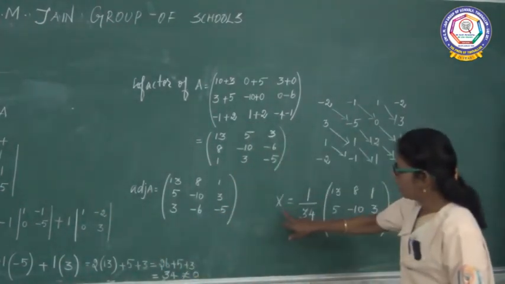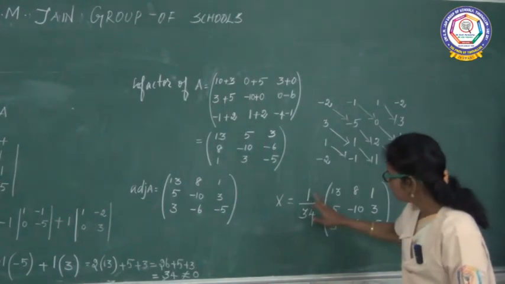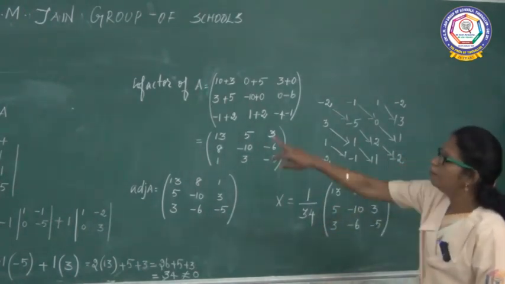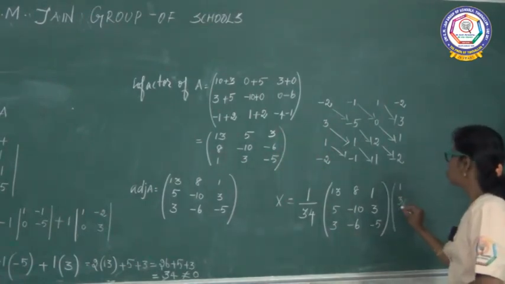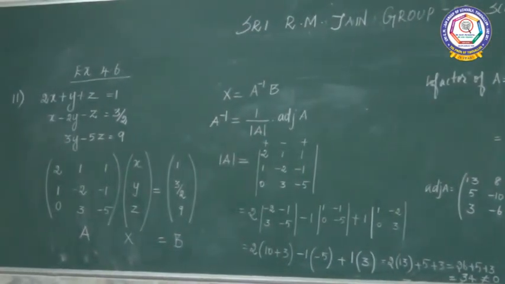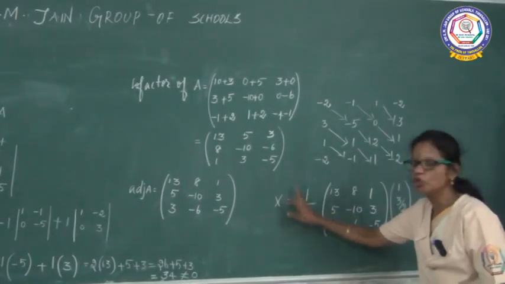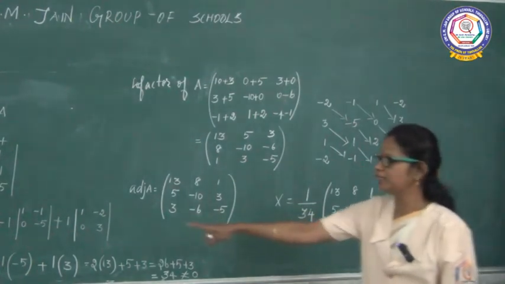Again I repeat, listen, x is equal to A inverse. A inverse is nothing but 1 by determinant A into adj A. B, what is your B? 1, 3 by 2, 9. See, one thing you listen, the right hand side everything in the form of matrix. So x also you should replace in terms of matrix. What we consider as x?